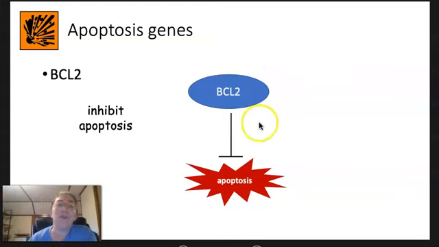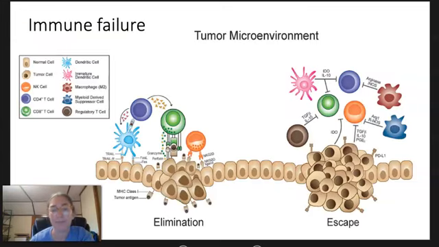But if we have too much BCL2 in our cells, if there's a gain of function mutation and the BCL2 is overactive, then it will inhibit apoptosis of cells that do need to self-destruct. And so overexpression of BCL2, a mutation that makes for an overactive BCL2 protein, inhibits that needed apoptosis of cancer cells and can lead to cancer as well. So those are just some different categories of genes that contribute to the development of cancer.